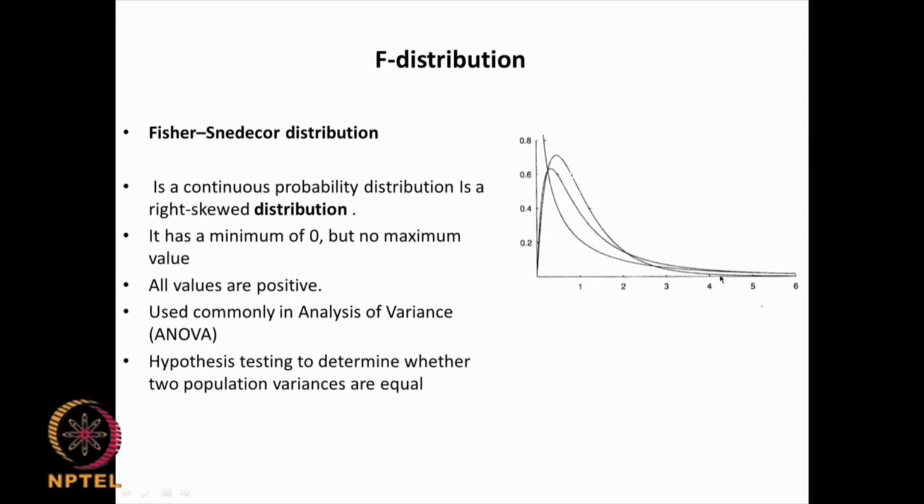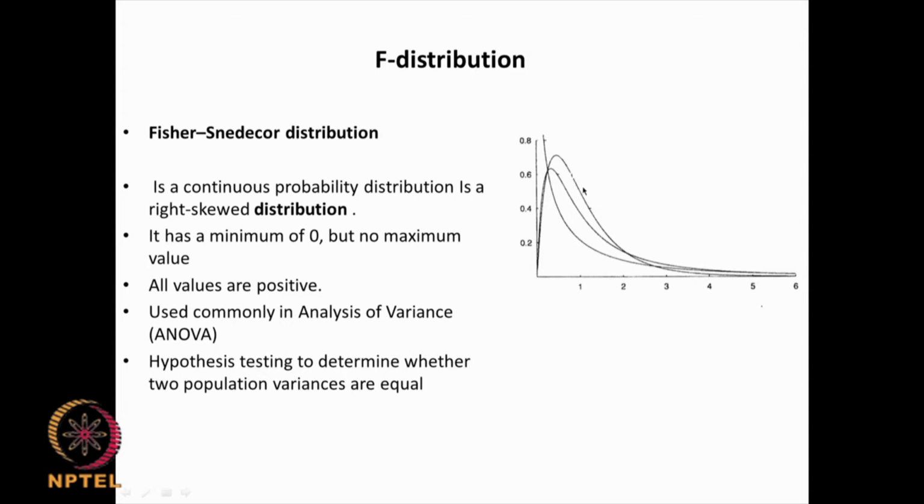It is right skewed, because on the right hand side it is skewed. It is not like a normal distribution going up and coming down, bell shaped, but there is a skew. It has a minimum of 0, but there is no maximum, so it can go up and up. For very low values of degrees of freedom, it can go right up very high. And it is only positive, there is no negative.